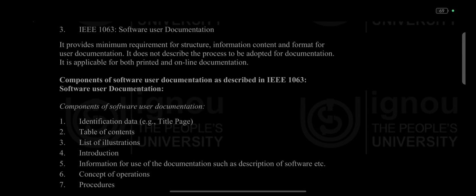Components of software user documentation as described in IEEE 1063 Software User Documentation. Components of software user documentation: identification data, for example, title page, table of contents, list of illustrations. Introduction for use of the documentation, such as description of software, etc. Concept of operations procedures.